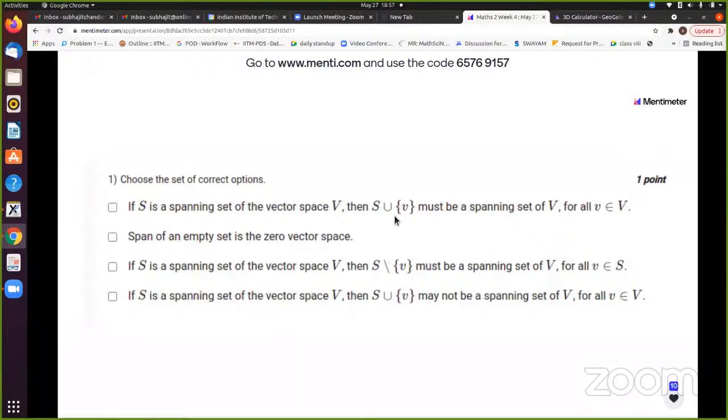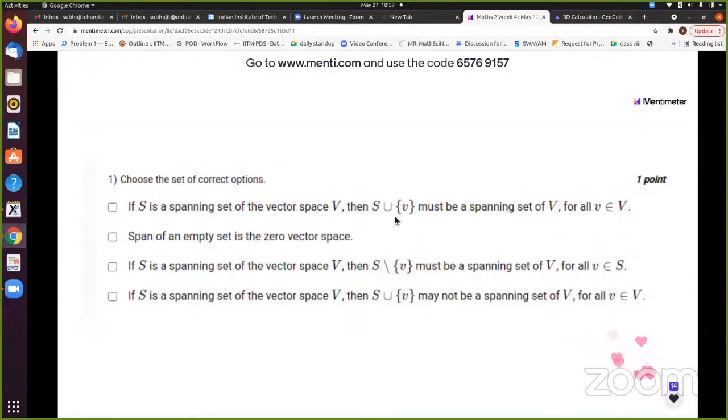So if S is a spanning set of vector space V, okay, you know what a spanning set is, right? Suppose you have a set S with some vectors V1 to Vk. If you take the span of that set, that will be your vector space V itself, the whole V. So that set is called a spanning set.